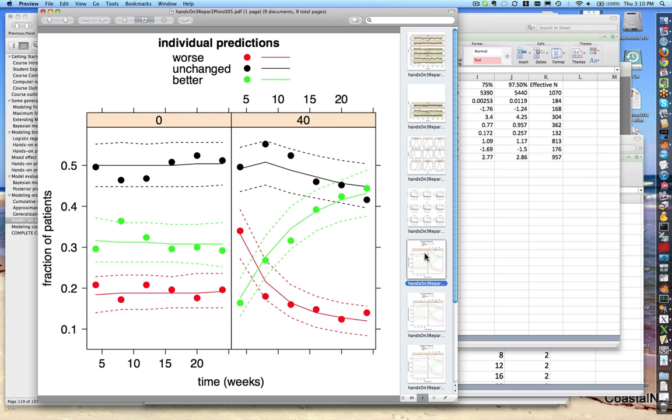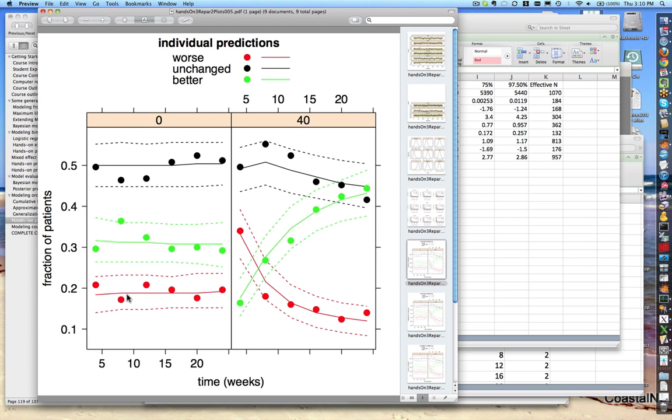And then our main diagnostics here again are fairly simple posterior predictive checks in terms of the predicted fractions of patients at each score level. These are the so-called individuals. So I've taken the individual predictions for each patient and then calculated the fraction of patients that are in each one of these, and I've done that for each MCMC sample so that I can generate posterior medians and 90% credible intervals.